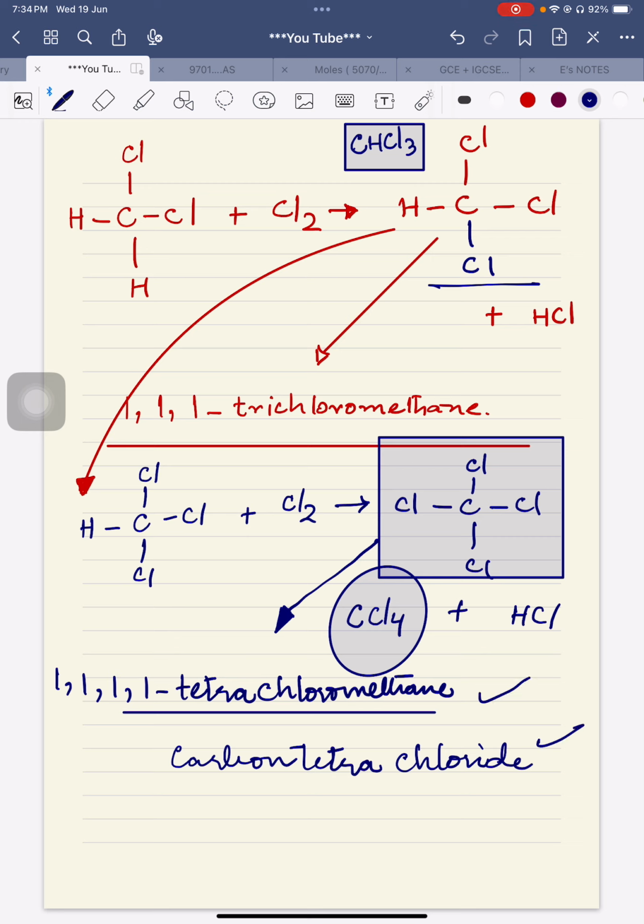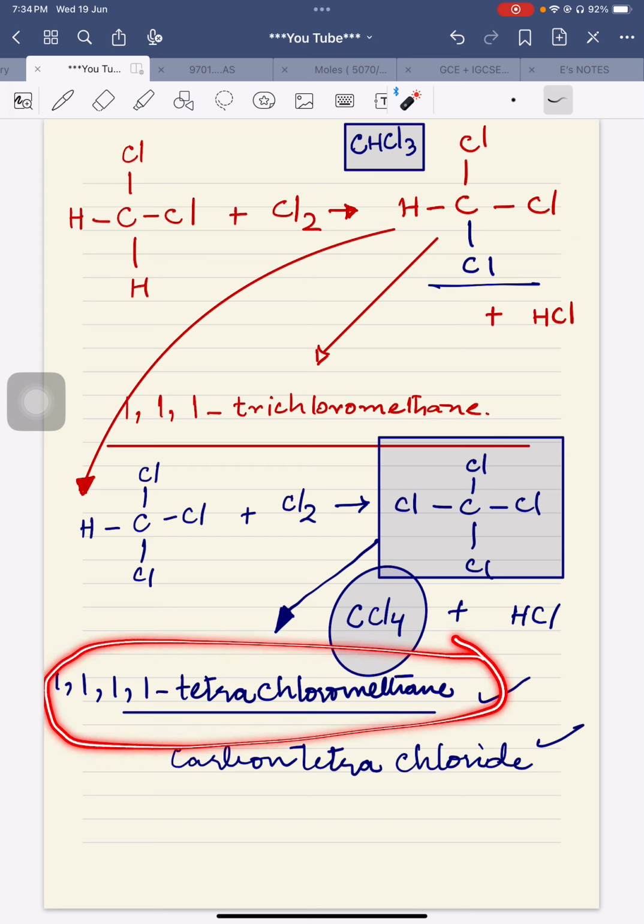But which name should I know? Guys, I suggest you keep both names in your mind. For organic chemistry, for the substitution reaction, for the exact naming, this name is the exact name.